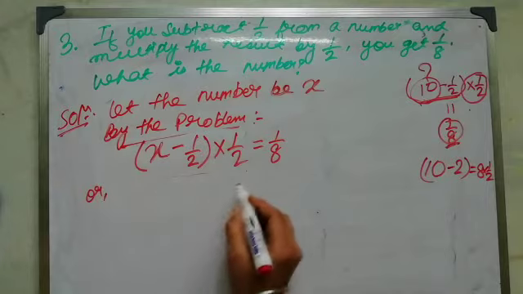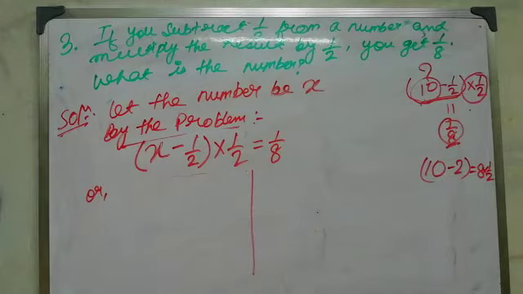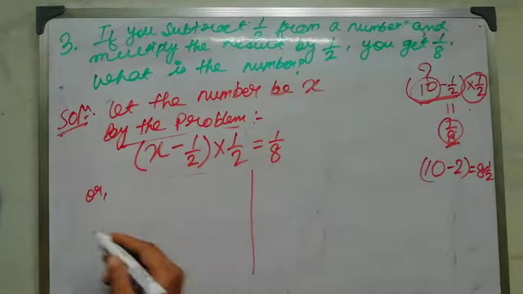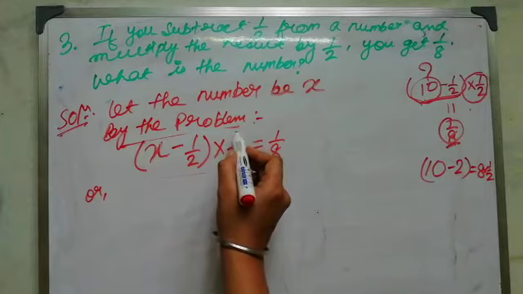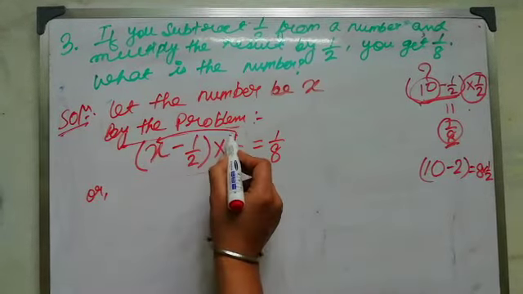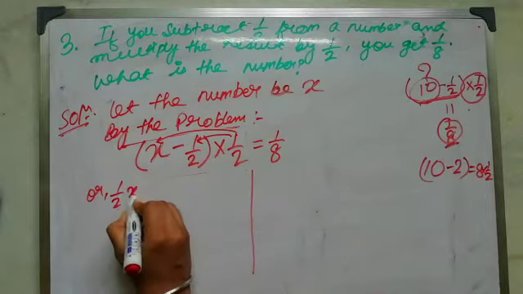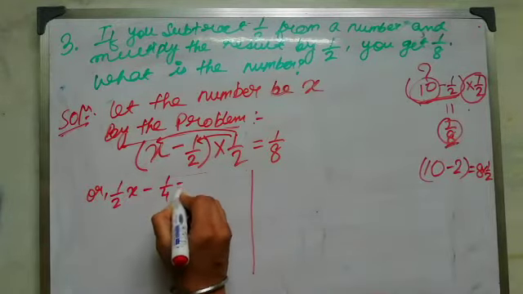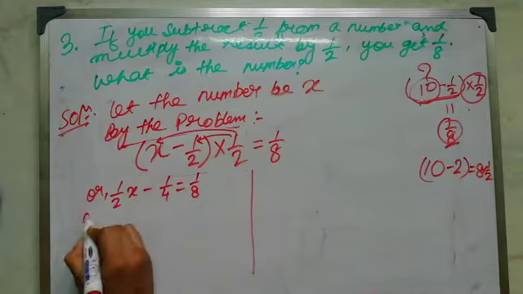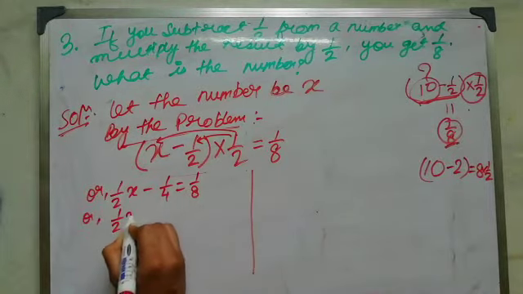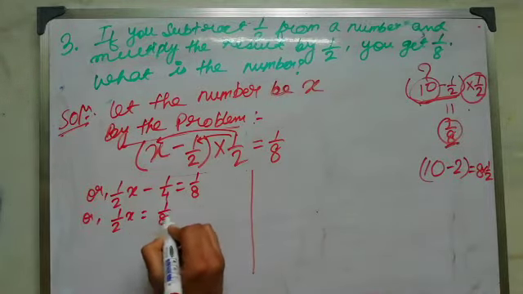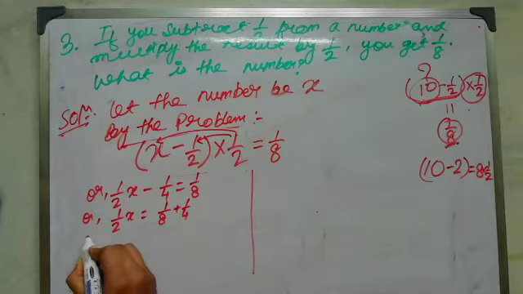Now, we will solve this. You can solve this in 2 ways, students. I'll show you one by one. I will multiply this half to this x, and then multiply it to this. So, it will become half of x minus 1 by 4 is equal to 1 by 8, or 1 by 2 x is equal to 1 by 8 plus 1 by 4.